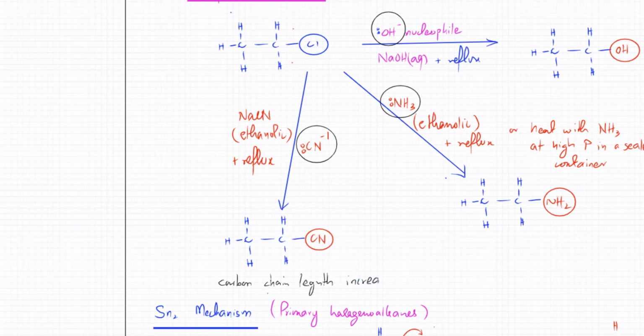You don't have a lot of reactions where carbon chain length actually increases. Over here you had 2 carbons, over here you also have 2 carbons. So in most reactions, the carbon chain length does not increase. But if you wanted to increase the carbon chain length, then this was your go-to reaction.